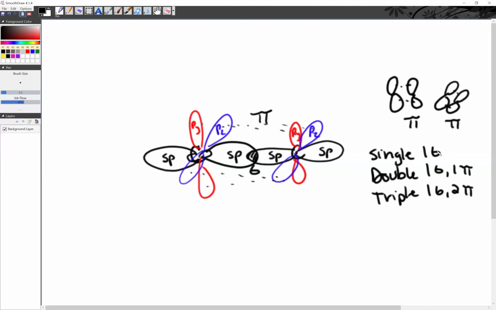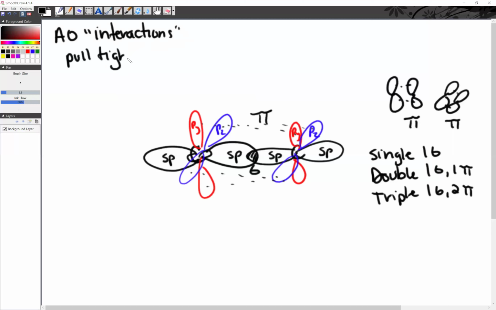And that's the idea behind multiple bonds. The first thing that always has to form is the sigma, a true overlap. But then the interactions make it both stronger and shorter. So these atomic orbital interactions pull it in tighter.